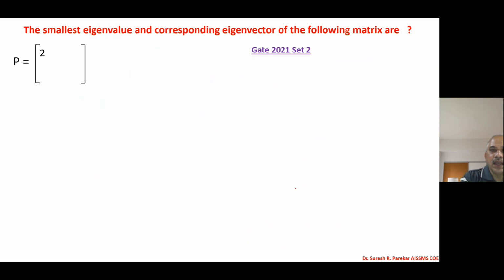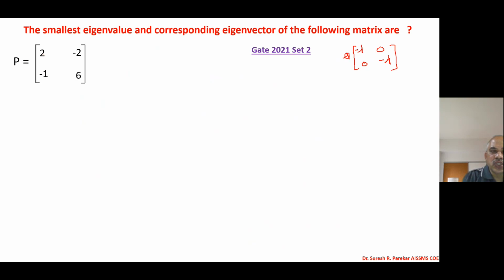So we have seen A minus lambda I. This is A, now minus I, which means 1, 0, 0, 1. If I multiply it by lambda, we get lambda on the diagonal. Then A minus lambda I means the signs become minus.